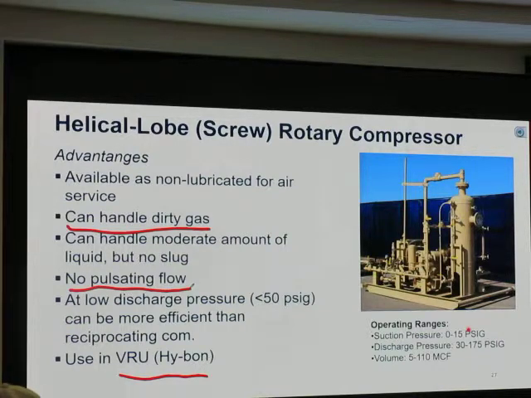Why is that? The gas coming out from the reciprocating compressor is not continuous, but helical-Lobe or two-lobe, it spins and comes out continuously. Even the Vane-Type comes out continuously, so it doesn't have that much pulsating flow.